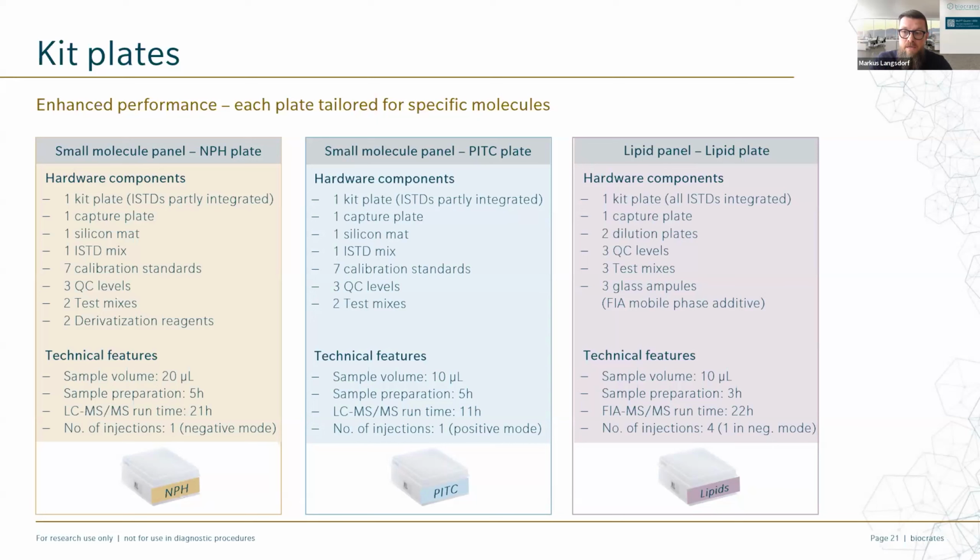And this also allowed us to add many more fatty acids into the kit compared to older kits. So now there are over 40 fatty acids covered. For the PITC plate, we are now using triethylamine as reagent instead of pyridine. This results in stronger signals and improves the detectability of low abundant metabolites.